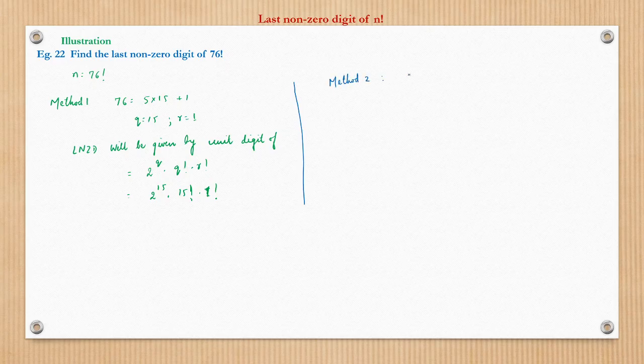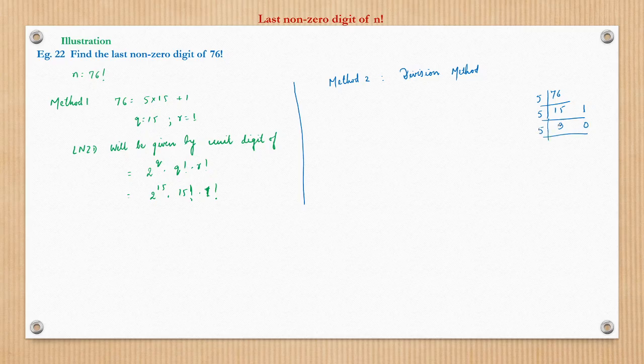Method 2, which is the division method. So how is it? We'll find the IGP of 76. Let us see how we find it. 5 15 is 75, remainder is 1. Now further 5 will divide 15 three times. 5 3 is 15, remainder is 0.